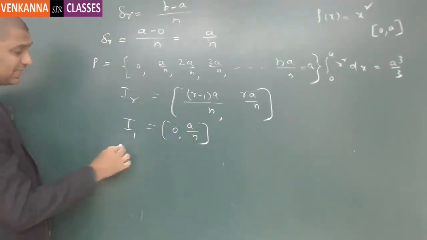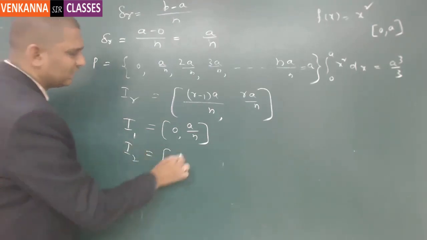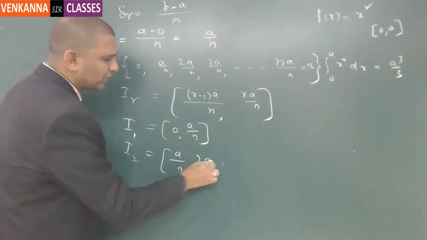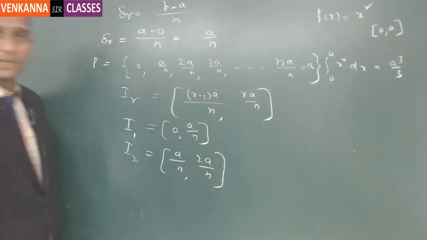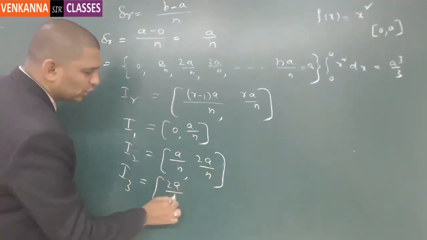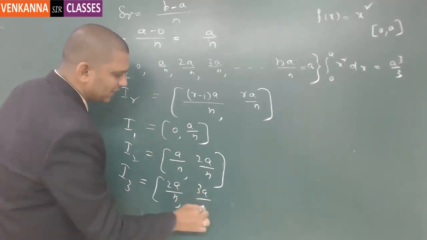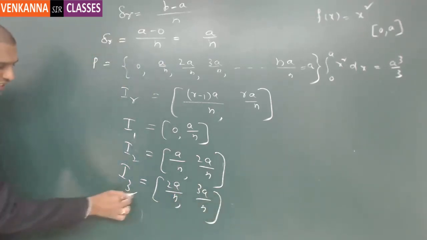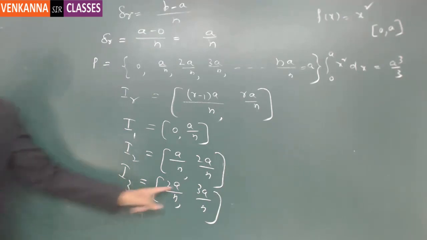If you take the second subinterval I2, it will be a by n to 2a by n. If you take the third subinterval I3, it will be 2a by n, 3a by n. So whatever the suffix is, this suffix is coming here.